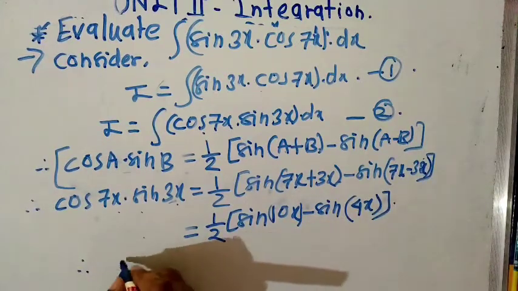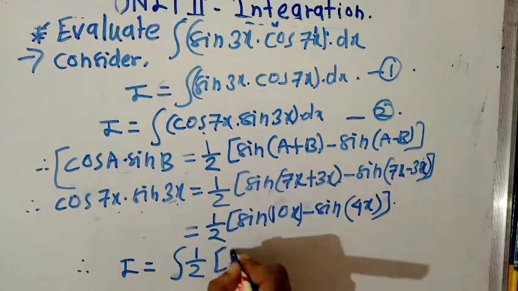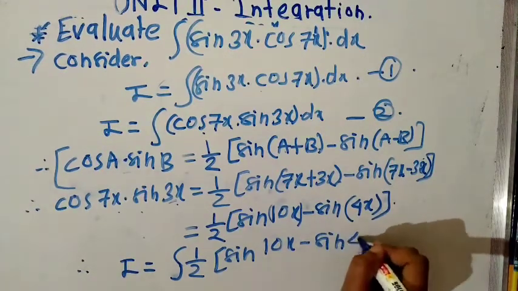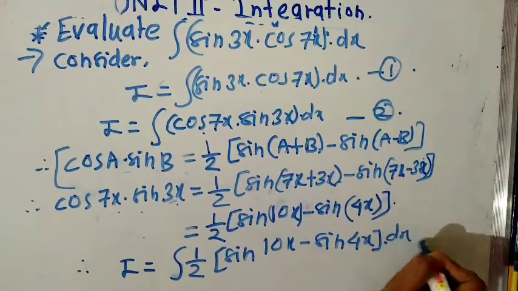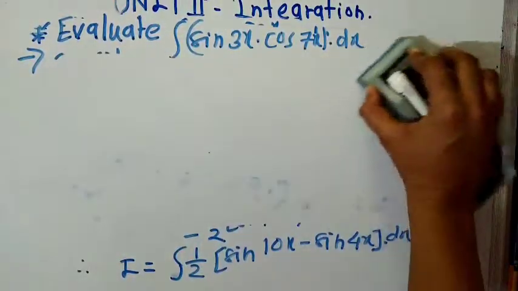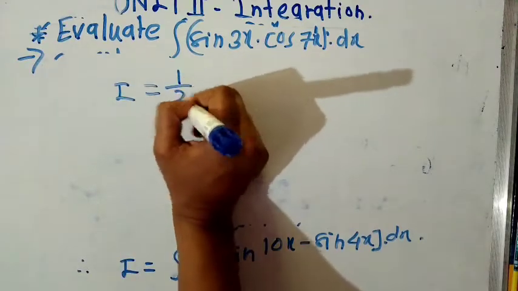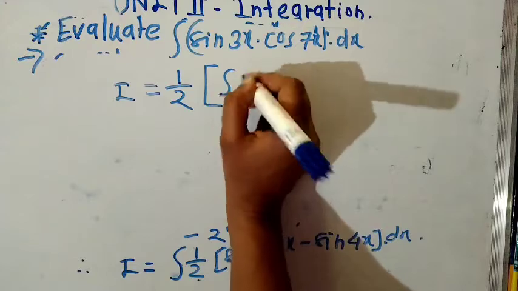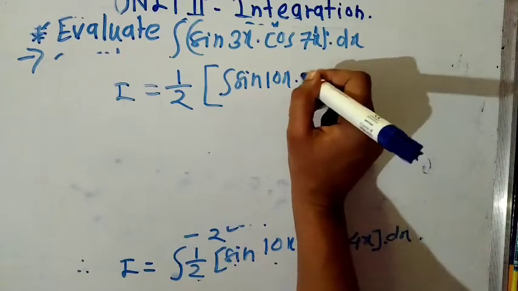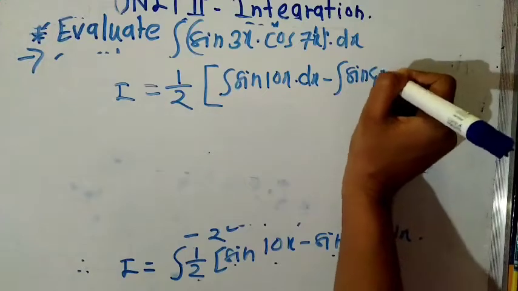Then I is equal to integration of 1 by 2 into sin 10x minus sin 4x into dx. Then take common 1 by 2 into integration of sin 10x into dx minus integration of sin 4x into dx.